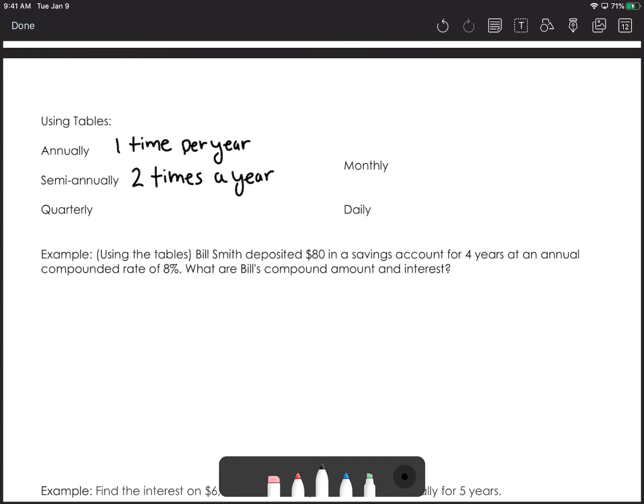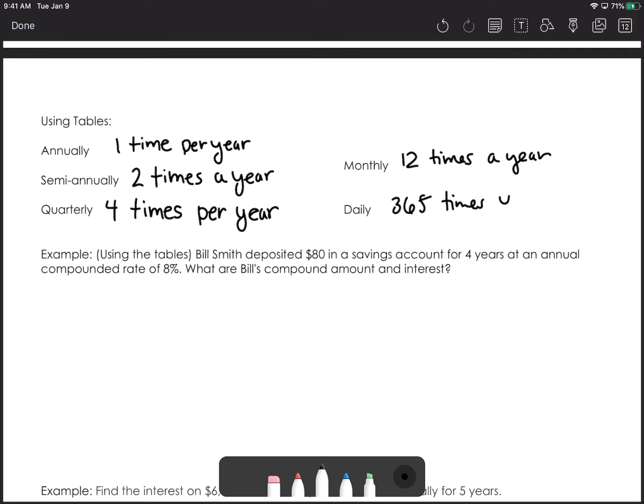So for quarterly, that means 4 times a year. Monthly means 12 times a year. And daily means 365 times a year. We're not going to worry about leap year when we do daily.